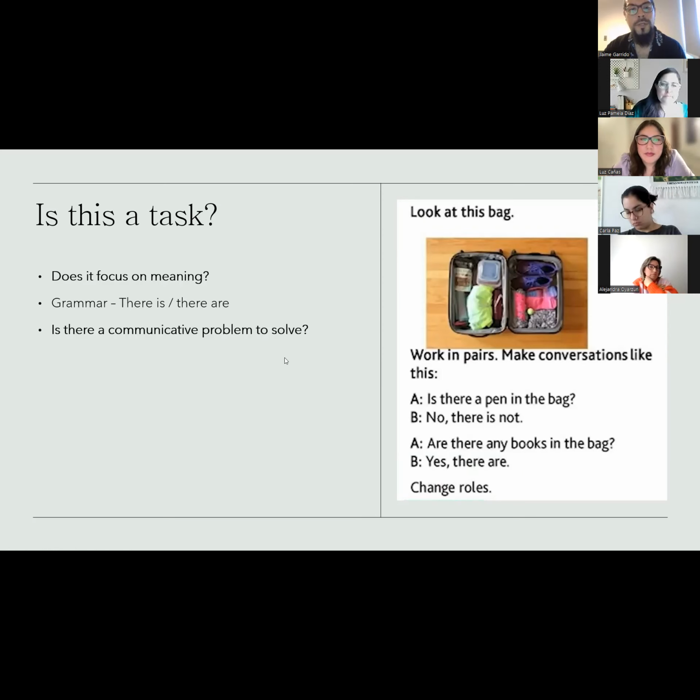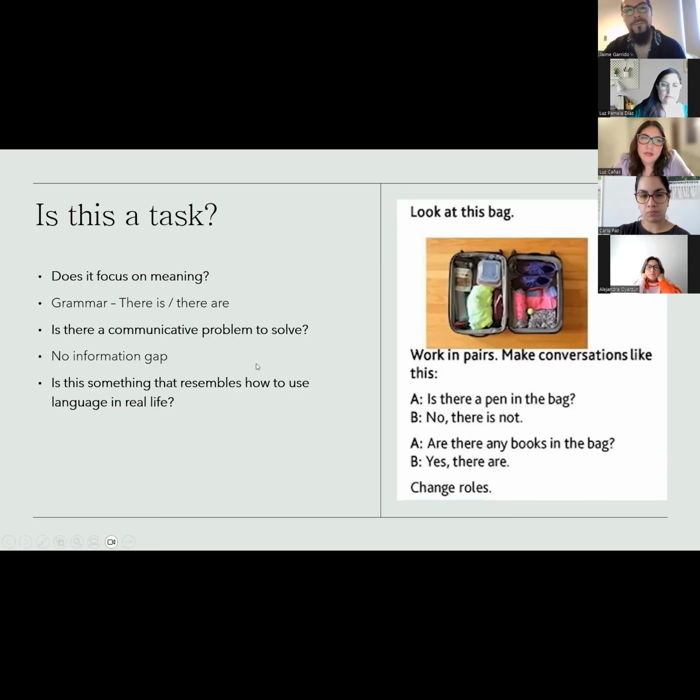Is there a communicative problem to solve? Not really. There's no information gap. There's no problem to solve. They're just practicing grammar.